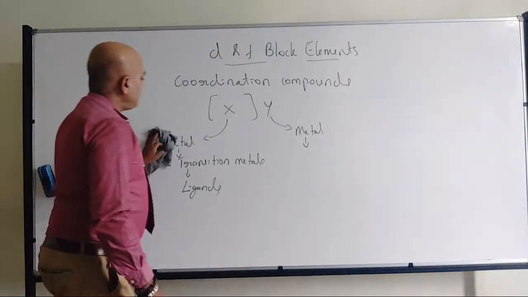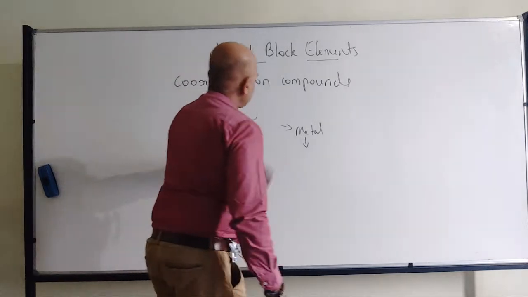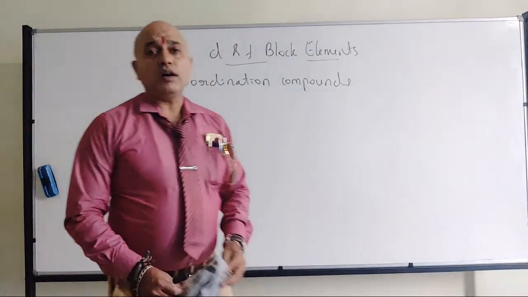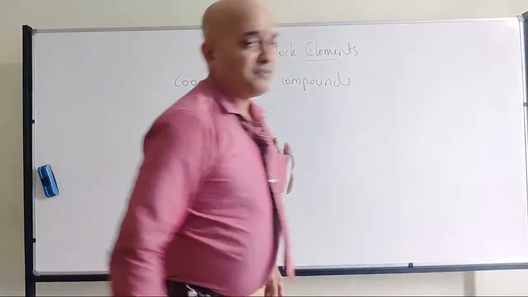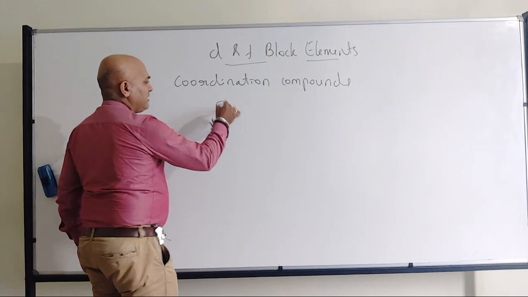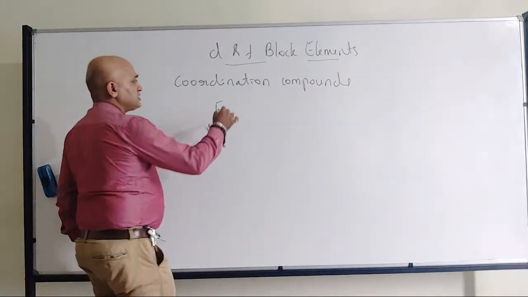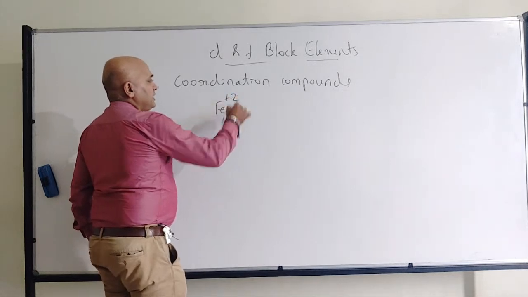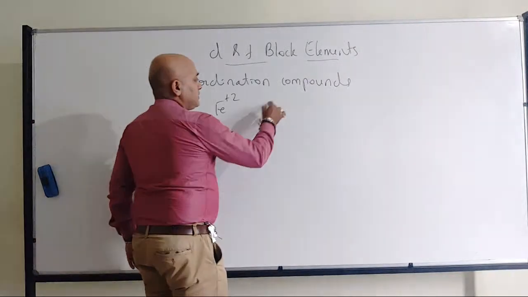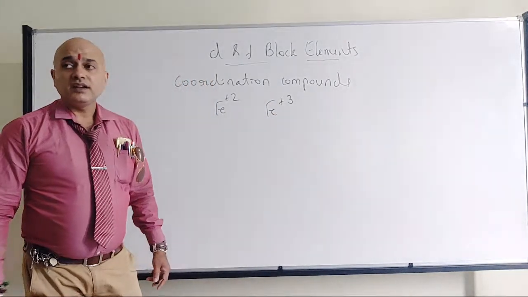For example, we have potassium ferricyanide, potassium ferrocyanide, and the list goes on. Cuprammonium sulfate, right? If I take these examples where I have iron in different oxidation states, in potassium ferrocyanide it will be +2, in potassium ferricyanide it will be +3, right?